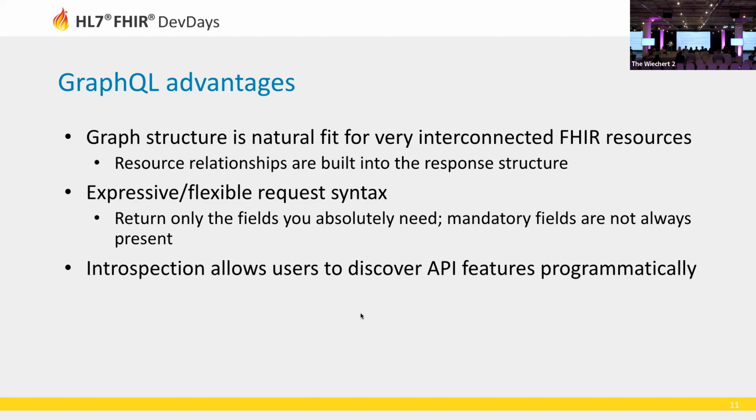So if you are somebody who comes in from another GraphQL background, you are very familiar with the introspection API. You can just go to the introspection endpoint and navigate the fields and types that are available automatically. And if you don't want to ever look at the documentation, you can just look at the introspection endpoint. So that's one of the cool things about GraphQL.